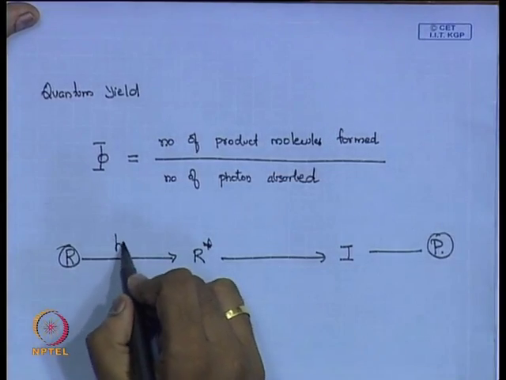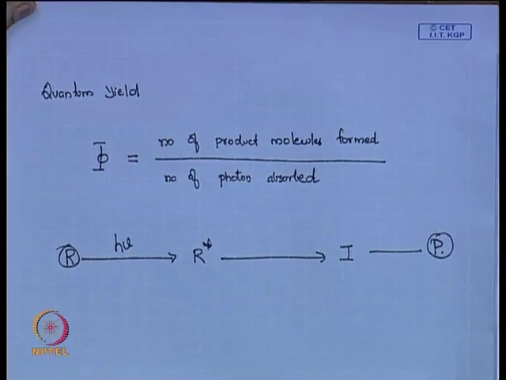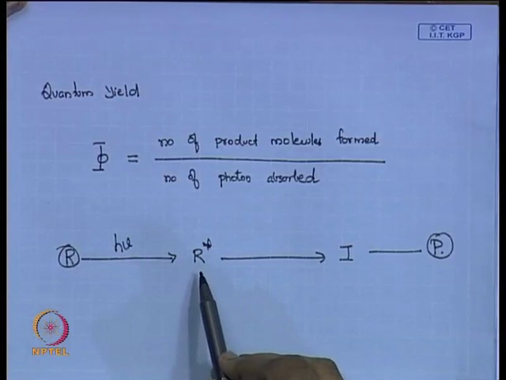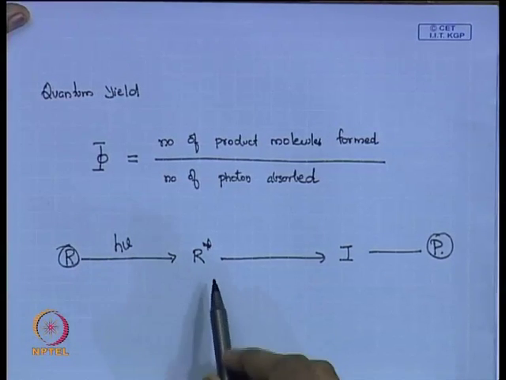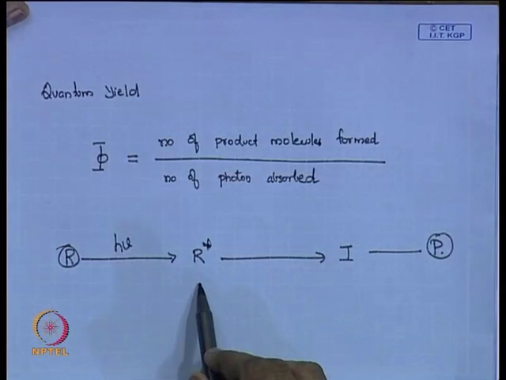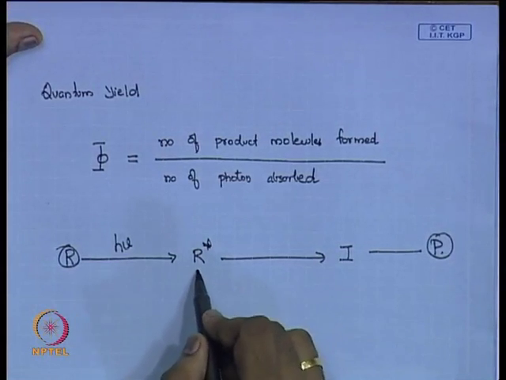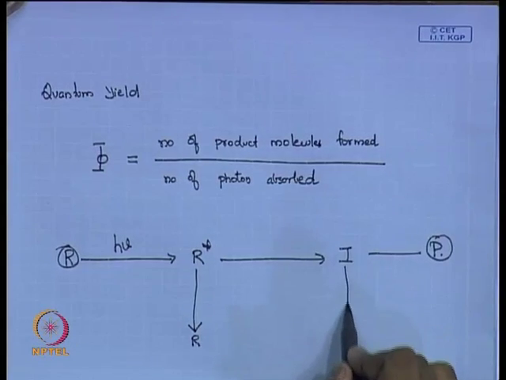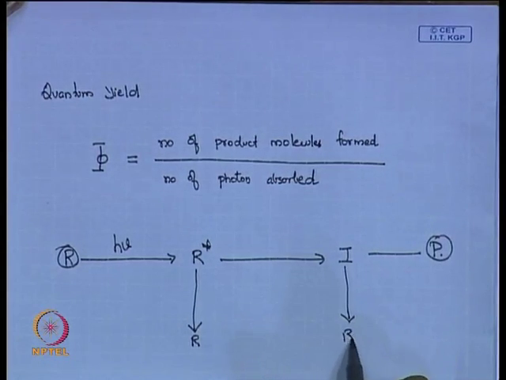But if I take 1 photon and this 1 photon transfers my R to R star, what happens to this R star? This R star can give me my R back. There are chances, right, of this R star coming back to give me the R. And same way my I also can give me the R back.